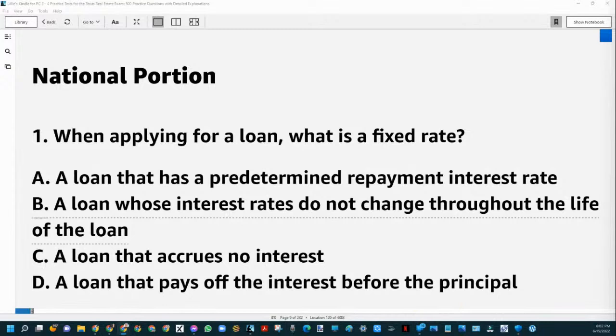So the answer here is A. When applying for a loan, what is a fixed rate? A loan that has a predetermined repayment interest rate that is amortized for however long the loan is for. It could be 15 years, 30 years, 10 years.